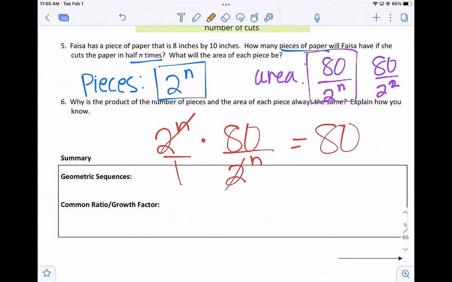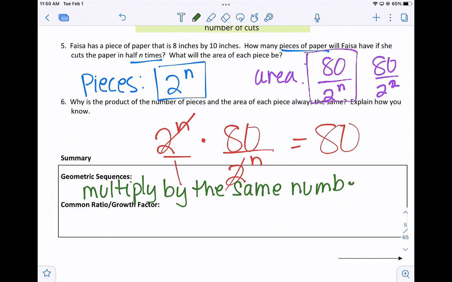So our summary here is, what is a geometric sequence? It's a list of numbers where to get to the next number you multiply by the same number every time. So geometric sequence: multiply by the same number to get the next number.